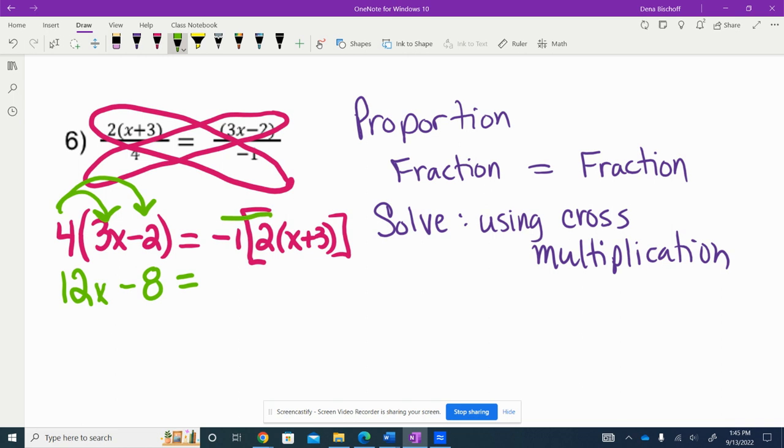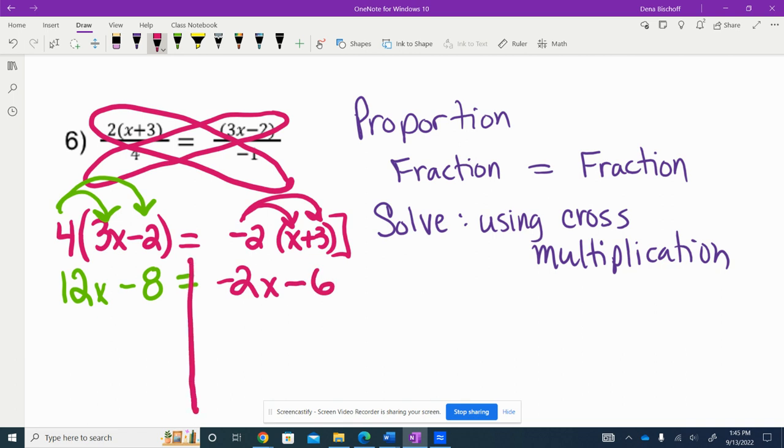Equals, let's simplify this right here. What is -1 times 2? It is -2. Good job. I'm going to write it as -2. So when I distribute it, -2 times x is -2x. And -2 times 3, Tyler, is -6. Good job.